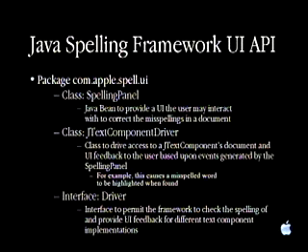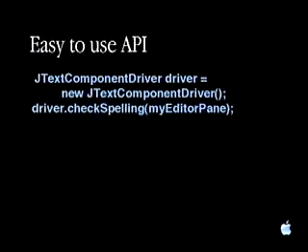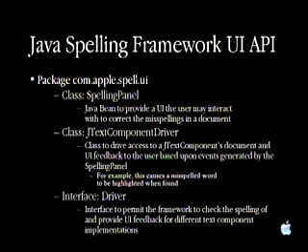The Java Spelling Framework UI API, which is to do with this window on top, allows you to integrate the spell checking panel with some other text component. Since Swing didn't come along for a while in Java's life, there are many different text widgets out there. And so you can still use, for the most part, the Java Spelling Framework as is with the spelling panel with your own custom text widget, as long as you do a few things.